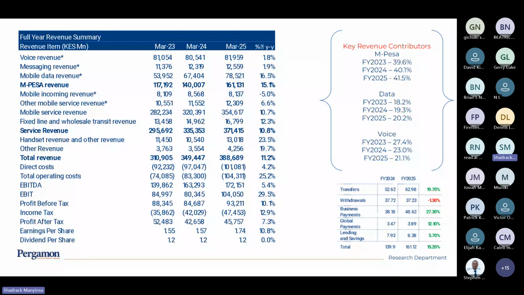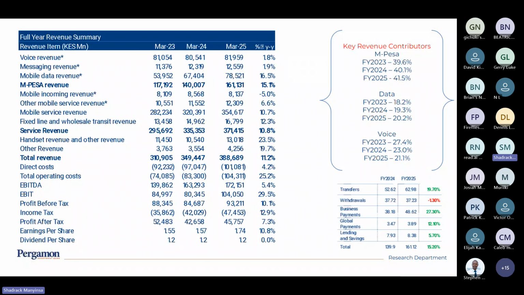Now, on how they performed, you can see the mobile, that is M-Pesa revenue, remains a game changer for Safaricom. It recorded growth of 15.1% last year, which was quite impressive. That is around 21 billion addition, from 140 to 161.